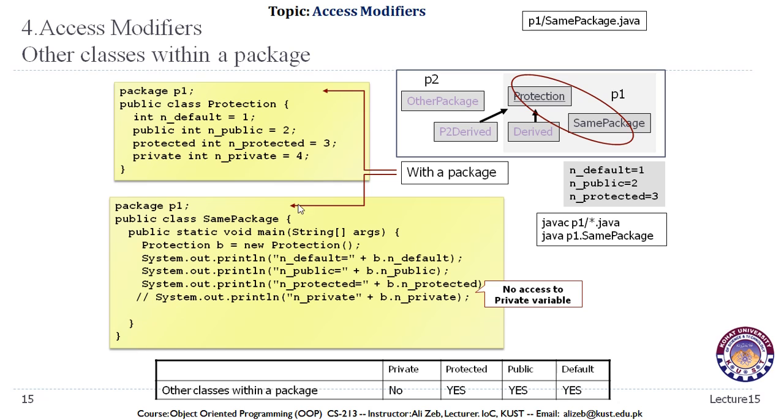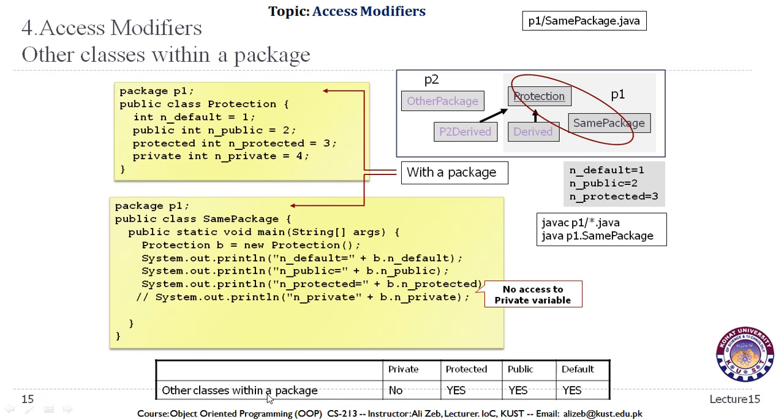Now this class is not a subclass of the protection class, but the access modifiers behave similar to what we saw in our previous slide, that a private variable is not accessible from the other class even within the same package.